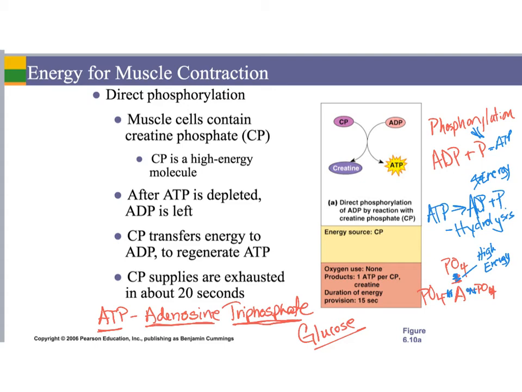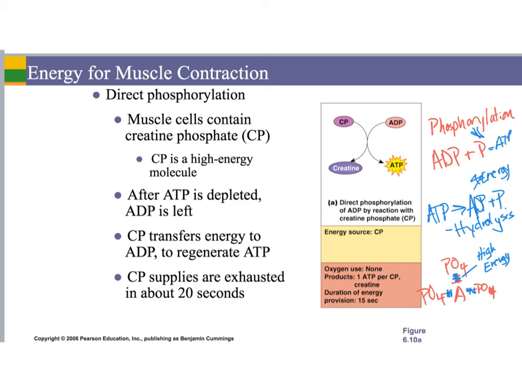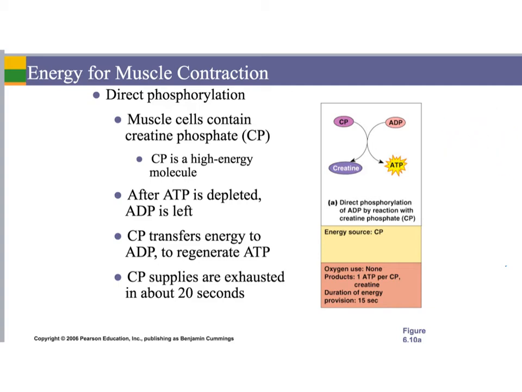So let's look at, I'm going to erase this because this first energy pathway really has nothing to do with glucose, just ATP. So I should have probably left ATP on there.